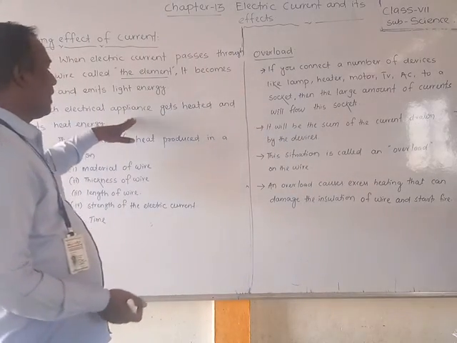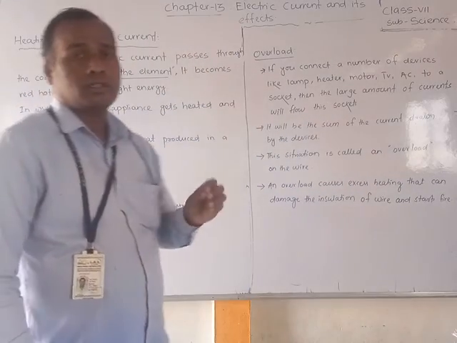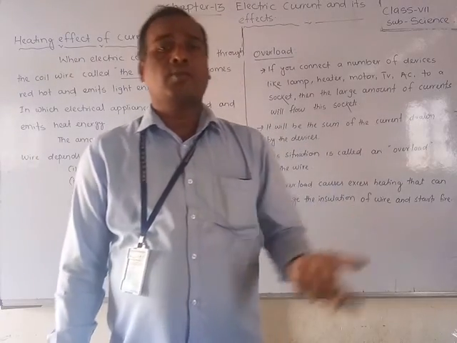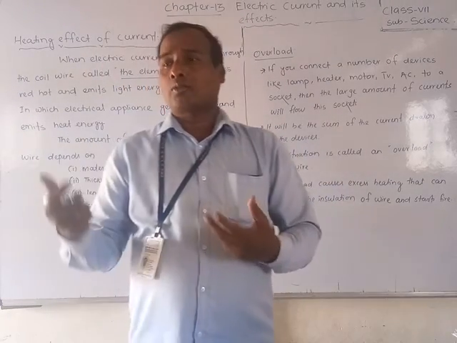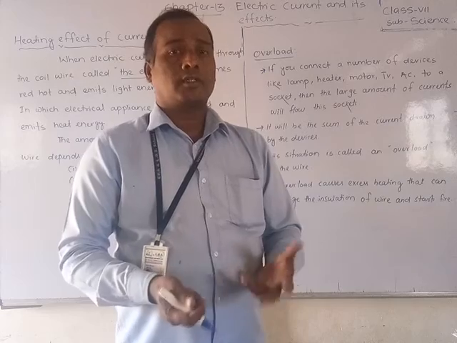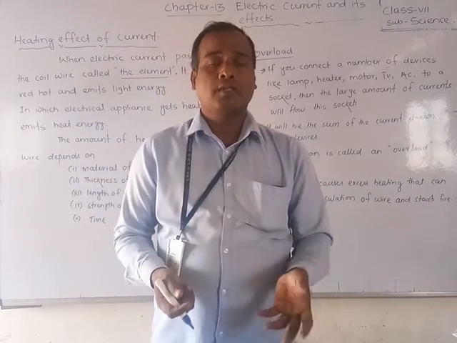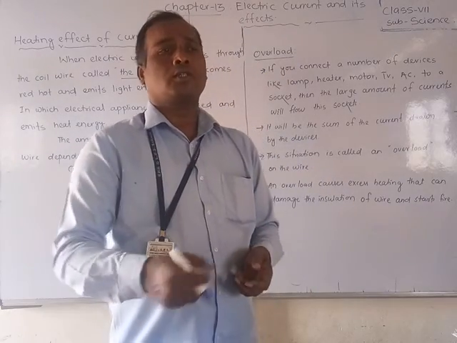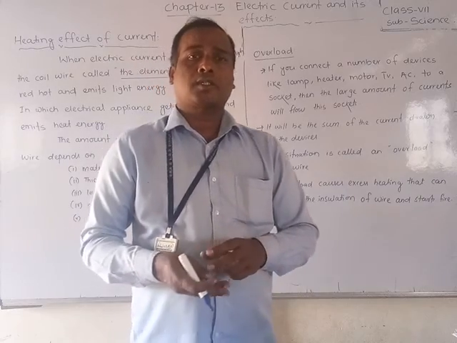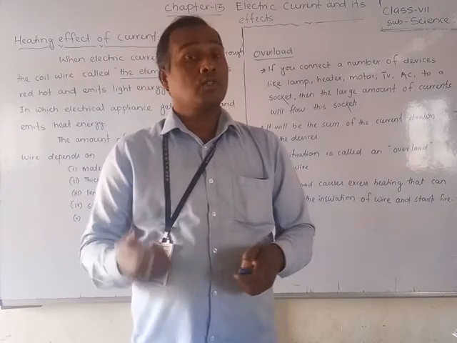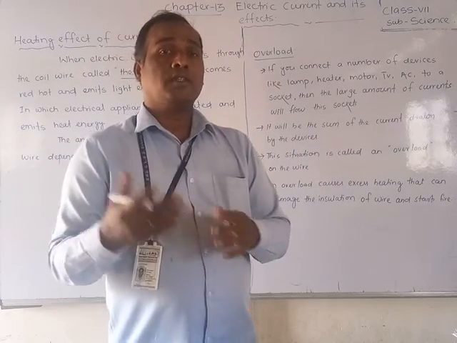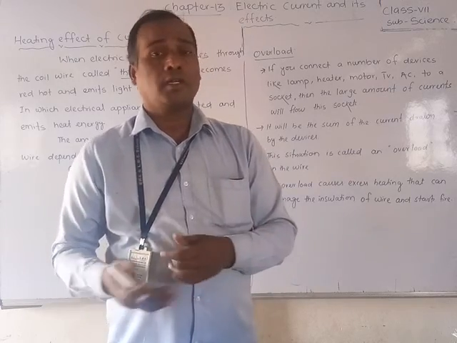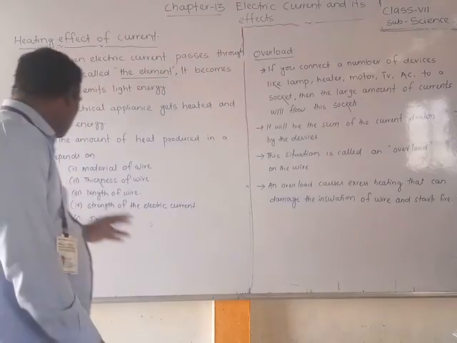We use so many appliances for these purposes: electric bulbs to get light, water heaters to heat water, and iron boxes to press our clothes. We use many electrical appliances in day to day life.